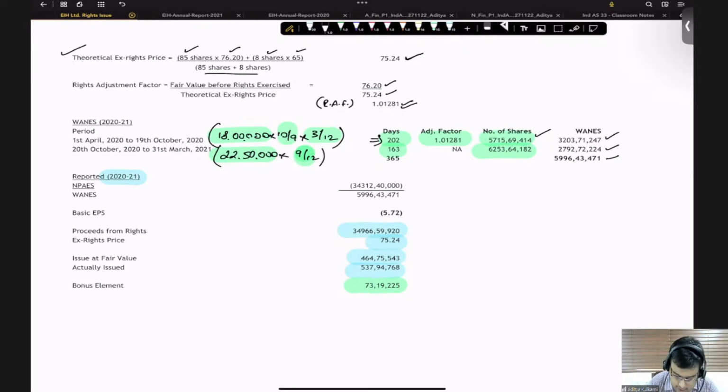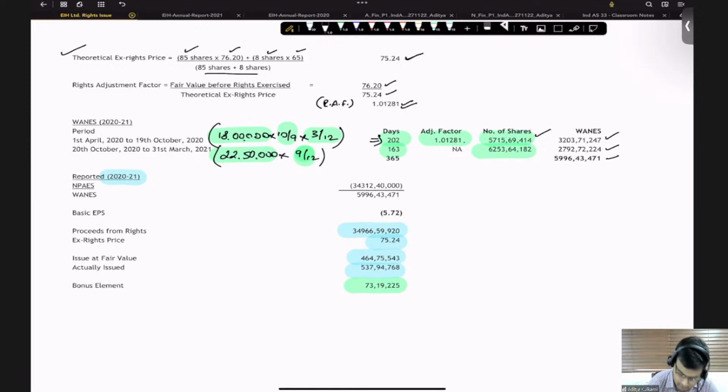So the bonus element is 0.01281 in this issue which was made. And then you just proceed with the straightforward calculation, that is the adjustment factor, number of days, number of shares. That gives you the weighted average number, and then you proceed to calculate the basic EPS.